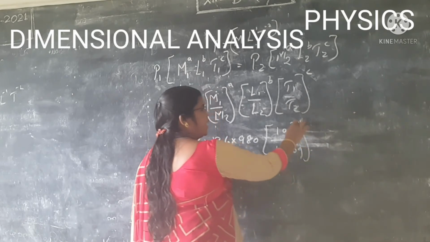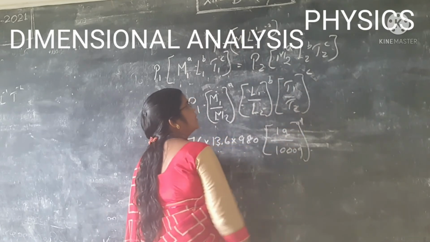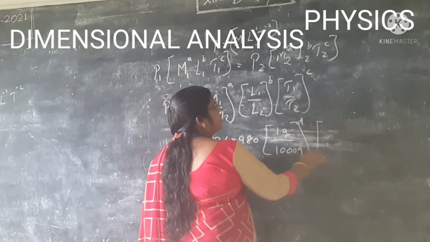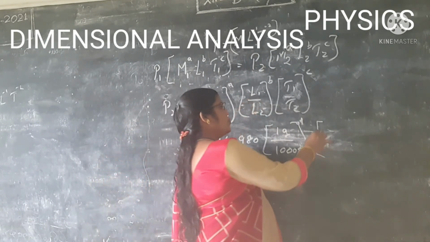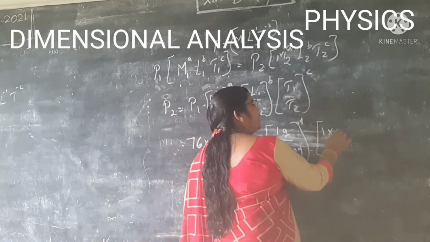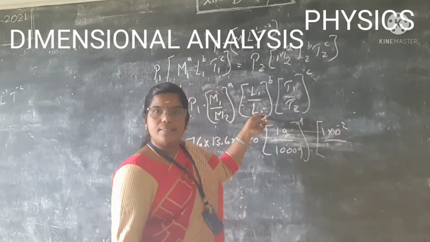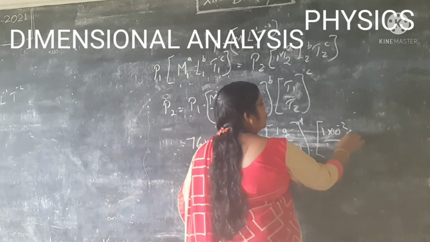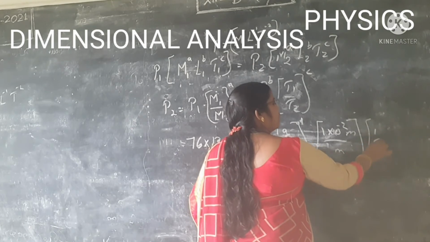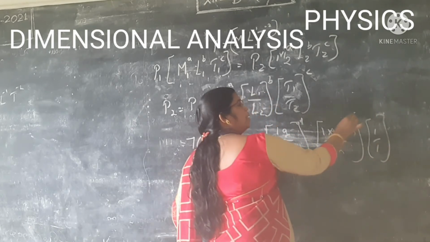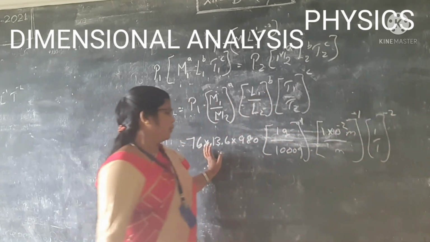Power a. We know the m power is 1, so we can write it as 1, and length in CGS unit is centimeter, so 10 power minus 2 meter divided by, in SI system it is meter, into time, which in both the systems is the same. Here the power should be minus 1, here it is minus 2.